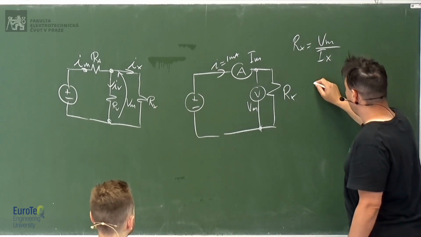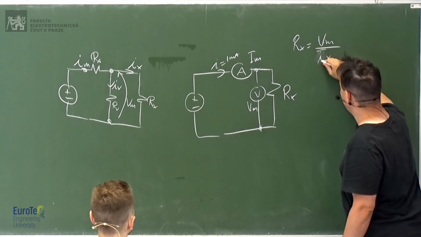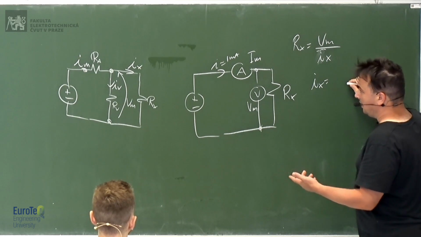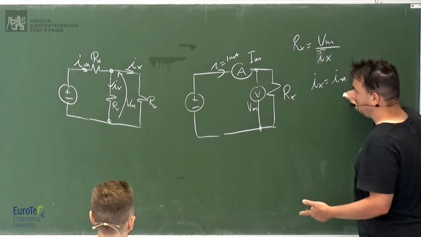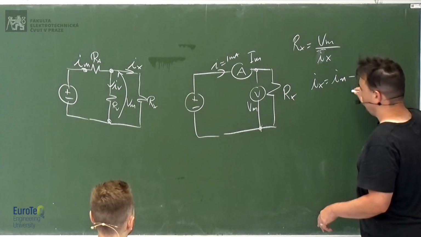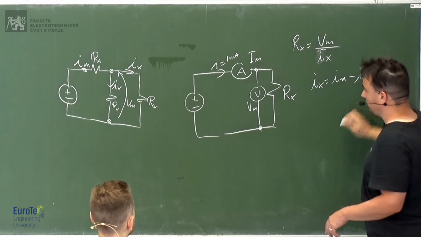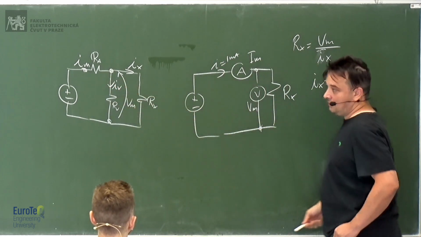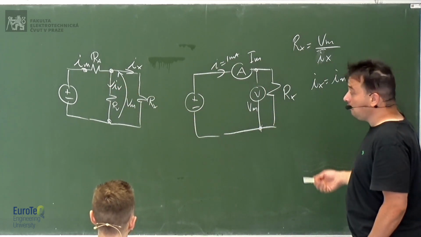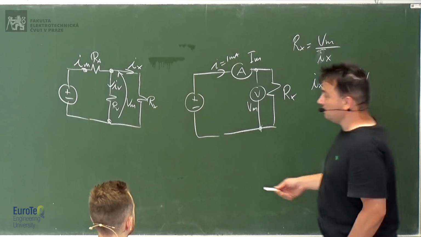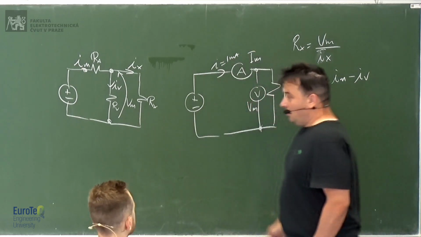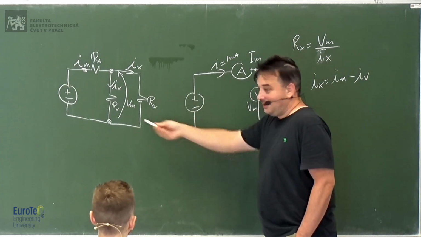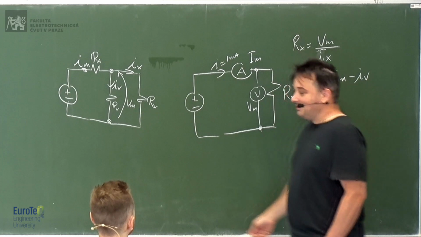And you know that Ix will be the current Im minus the current in the voltmeter. So you have to take the current that you measure, and you have to subtract the current in the voltmeter, which will be low, fine, because the resistance of the voltmeter is very large. Well, but it depends. If this resistance is also large, if it's comparable, then good luck.